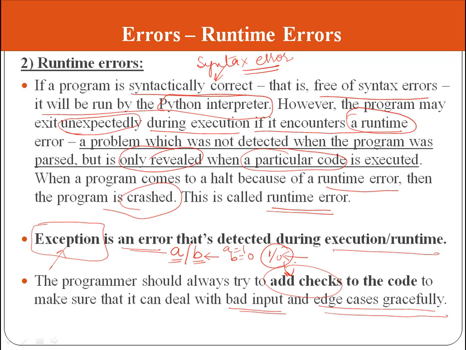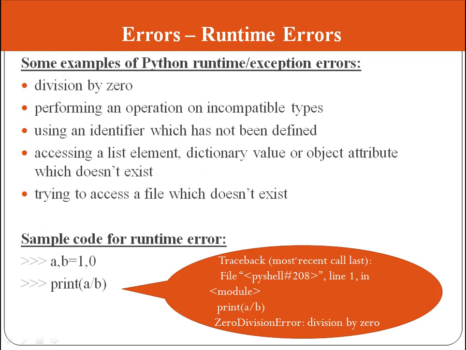This is how you should handle bad inputs and edge cases gracefully by putting checks into your code. These are some examples of runtime or exception errors. First is division by zero. We have seen the example. Performing an operation on incompatible types.